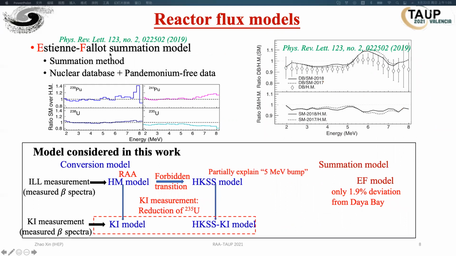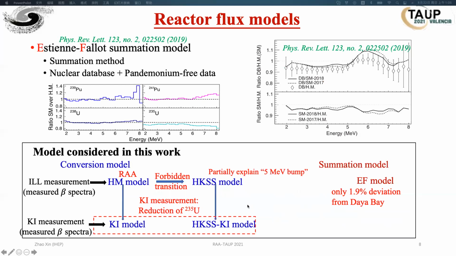The EF summation model is calculated with the summation method based on database and pandemonium-free data, whose rate is consistent with Daya Bay with only 2% deviation. Here is a summary of the models in our work. We have considered both conversion models and summation models.